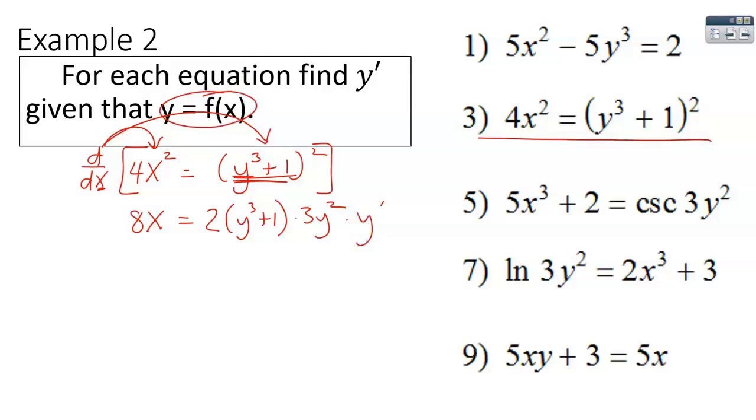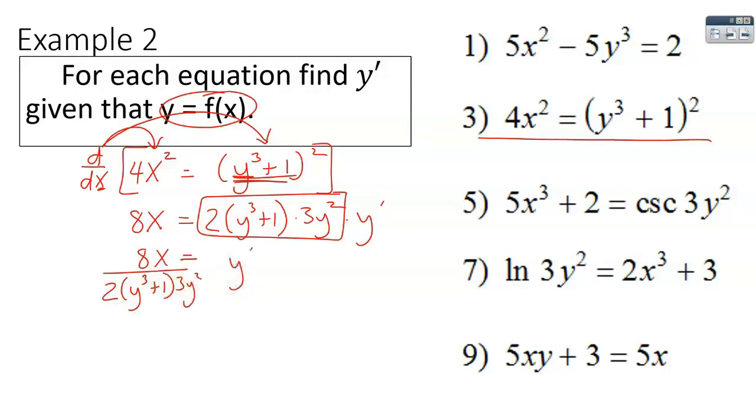Okay? So if I were to simplify this a little bit, well, actually, before I simplify, what we can do is take all of this stuff and divide it out to the other side. And there's our answer.